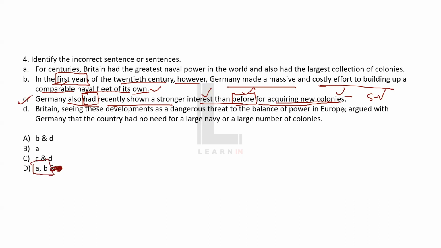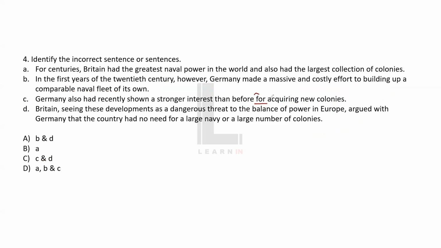C is correct. Okay, fine. For acquiring, in acquiring might be there, right? For acquiring, no, ये सही नहीं है. तो for acquiring होगा, right? For means for something, right? For doing something, right? Okay. Stronger interest for. Okay. Fine. सही बोला, बिल्कुल सही बोला.